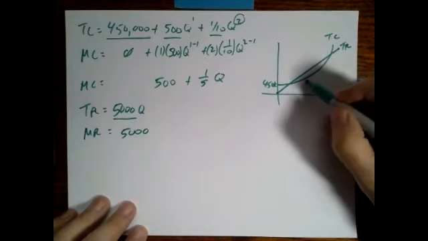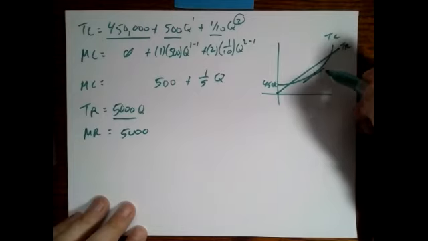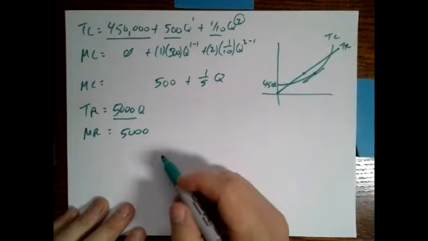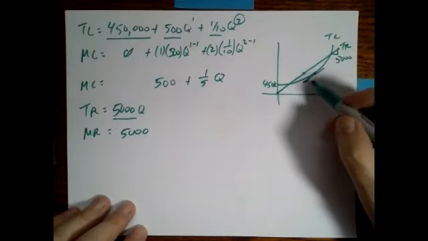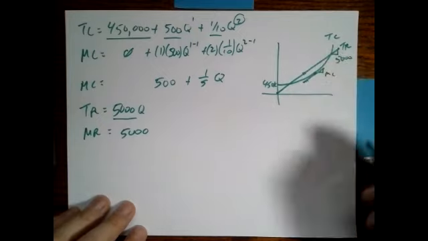To find the point where the tangent is parallel to total revenue, remember the slope of the total revenue curve is 5,000. So we want to find where the marginal cost is also 5,000, because the marginal cost is the slope of that curve.